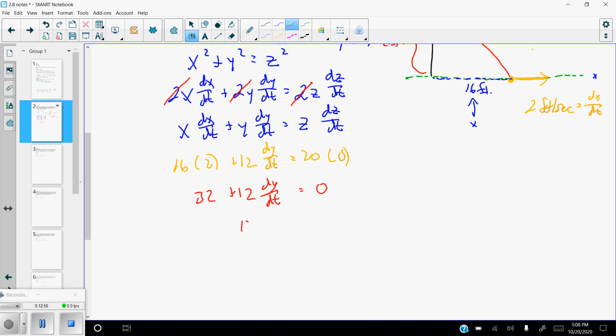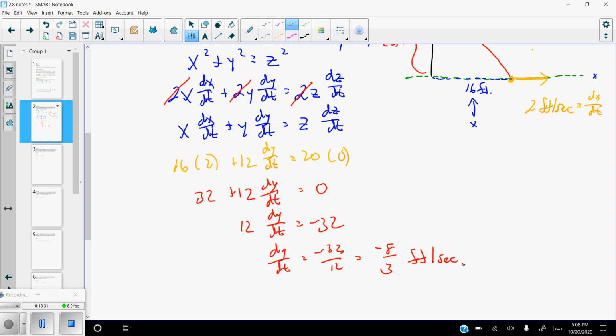Subtracting 32 on both sides is going to give us a negative 32 on the right, and then dy over dt, dividing both sides by 12, is going to give us negative 32 over 12, which will reduce, 4 goes into both of them, so negative 8 over 3. And because it is a rate of change, we need units. What were we given here? It was feet per second. So it's going to be changing at a rate of negative 8/3 feet per second.